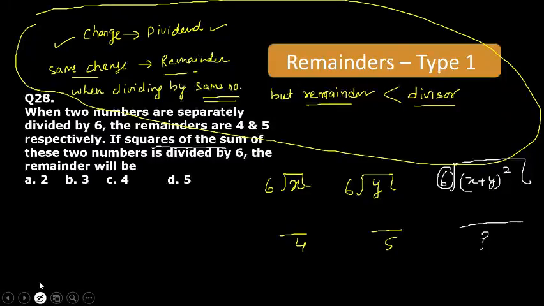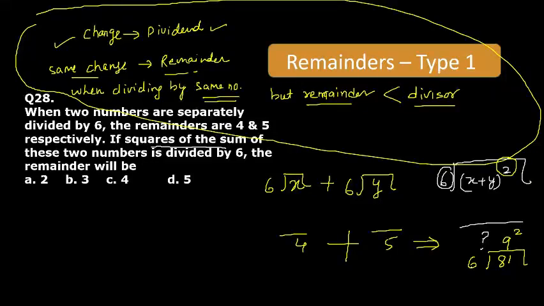So what you have done with your numbers, you have added them first and then taken the square. Just follow the same thing, add first and then square. You are getting 81, but it is a big number divided by 6. So you will get your answer. Very simple. When you divide, you will get your remainder as 3, not 5.